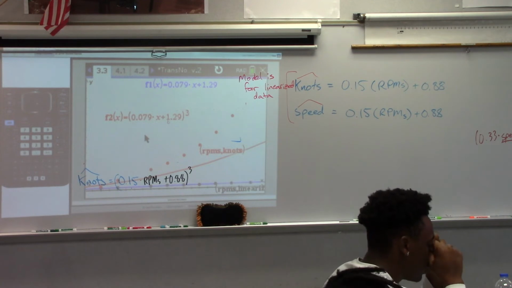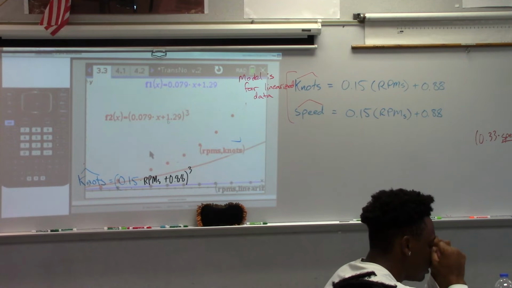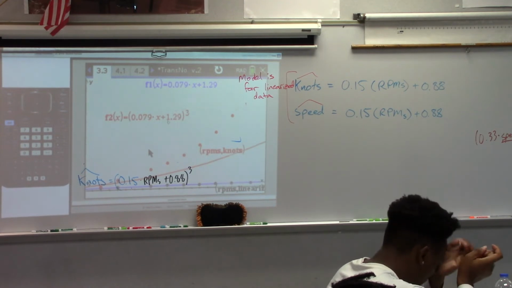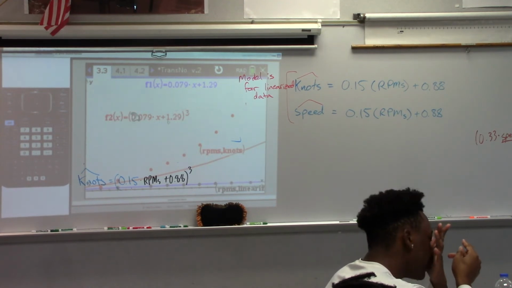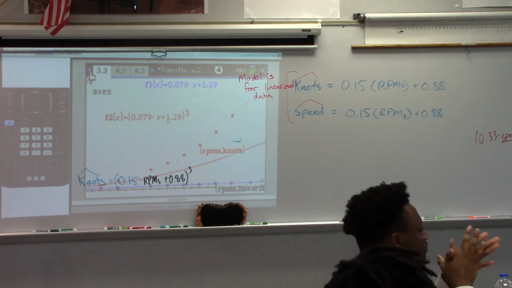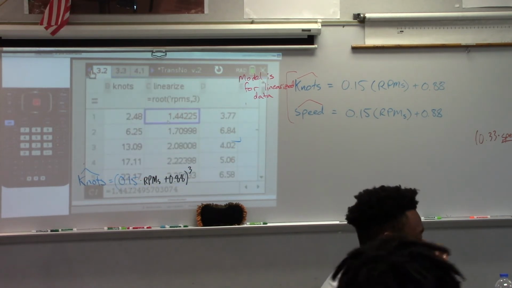So what I would do, Jakeem, is go back to the linearized data and adjust my linearized model and go from there. Does that make sense? Well, no, go back to 3.3.